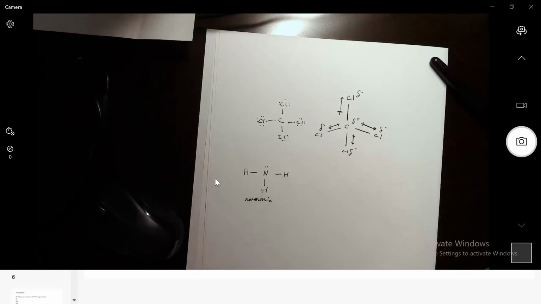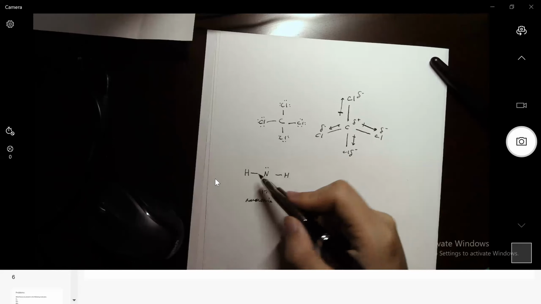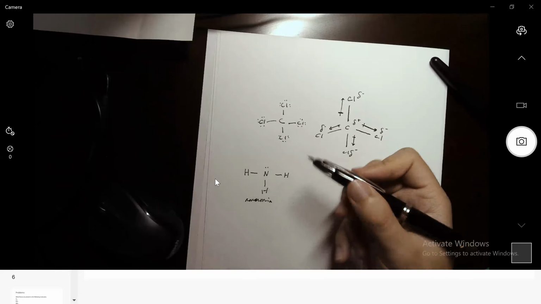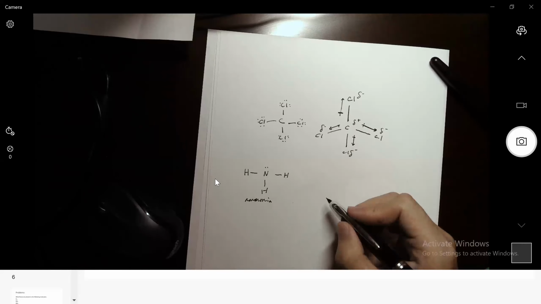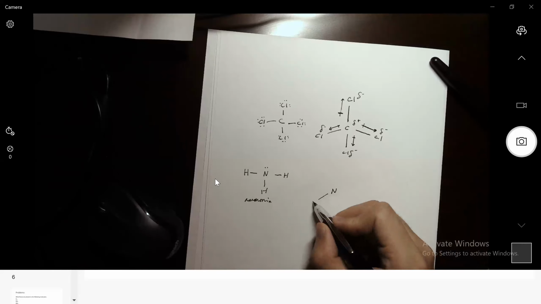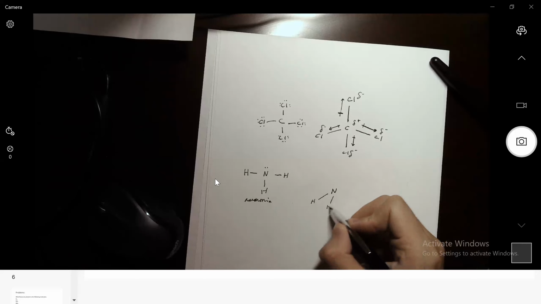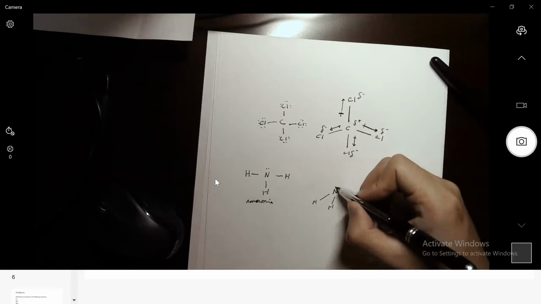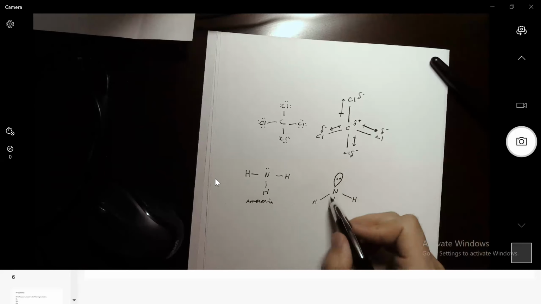Right, so 4, we have 3 bonds and 1 lone pair. 3 plus 1 is 4. So we'll form a tetrahedron, and we have our lone pair here. So this means the atoms are arranged in a trigonal pyramid.